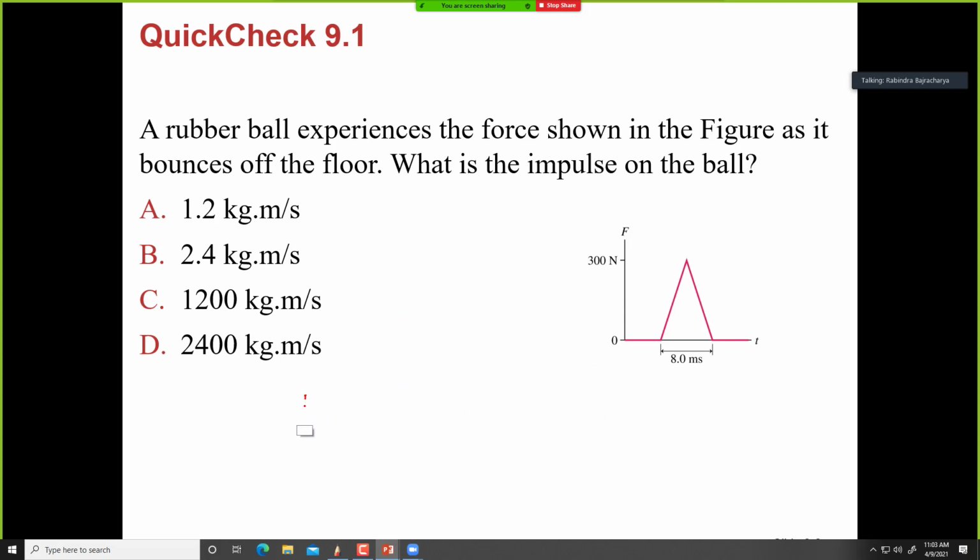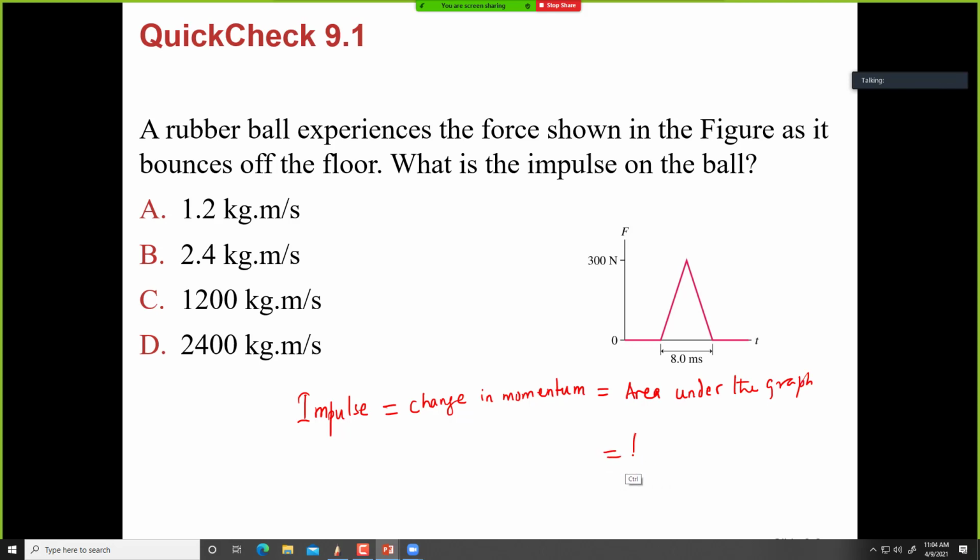If you remember, impulse or change in momentum are the same. And if you have a graph, impulse is given by the area under the curve, so the area of the graph. So you need to find the area.